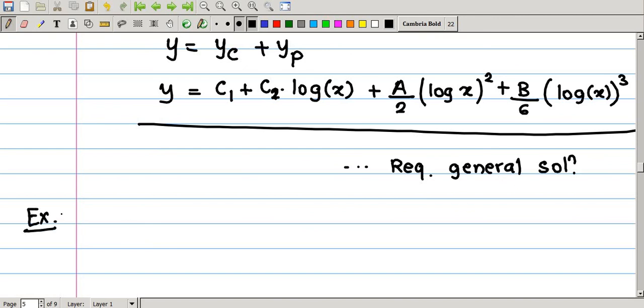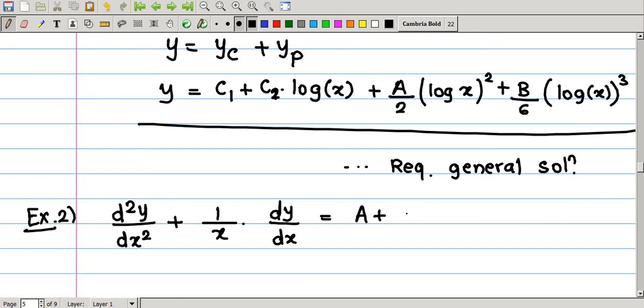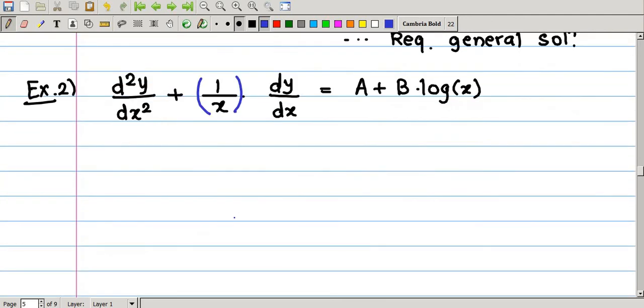I want you to solve this problem. Consider the second order derivative of y with respect to x plus 1 upon x into the derivative of y with respect to x is equal to, we take the same function as before, a plus b times log x. Now if you observe, there is a variable coefficient in the given equation, but it is not in standard form.